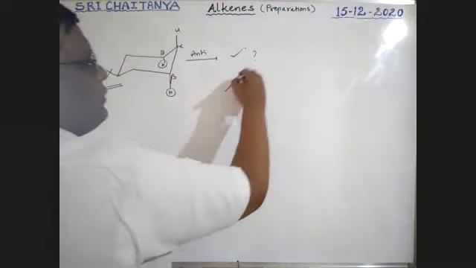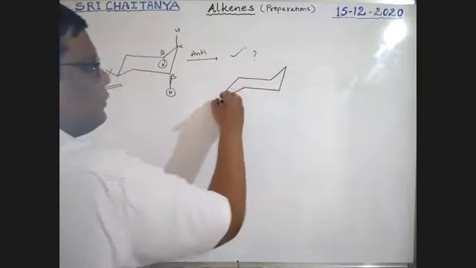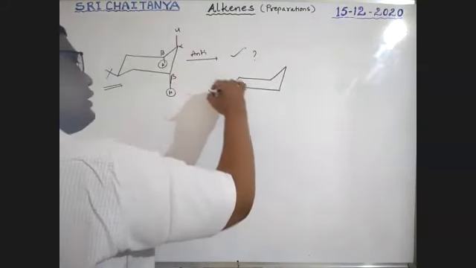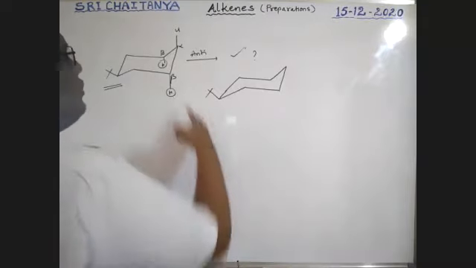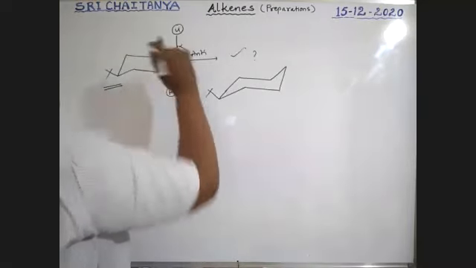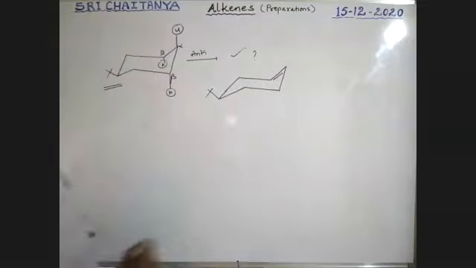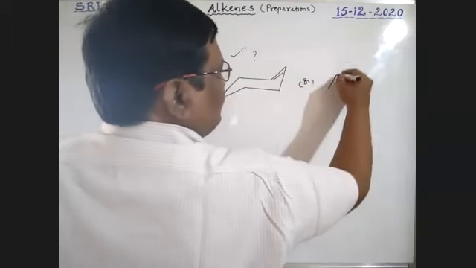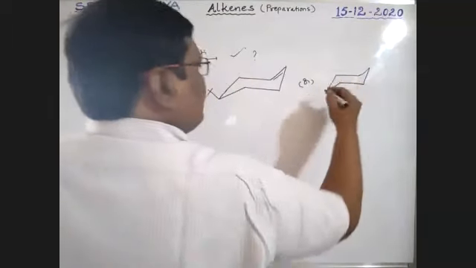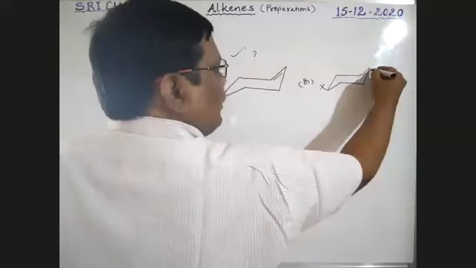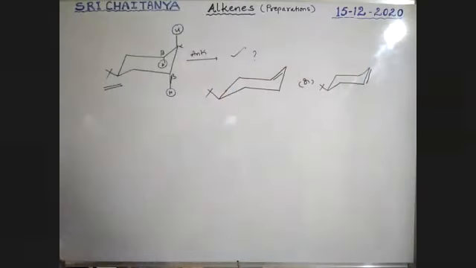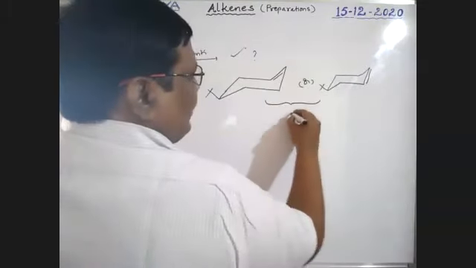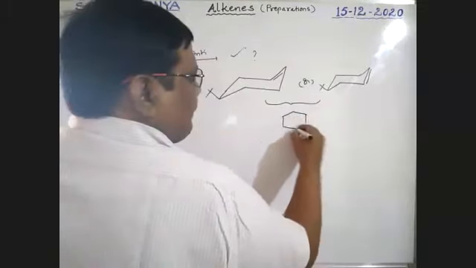So it is no doubt, it is as usual. I'm using this chlorine and this hydrogen. The product is like this, or the product is like this. Both of these are possible, boys. These two are nothing but the same.